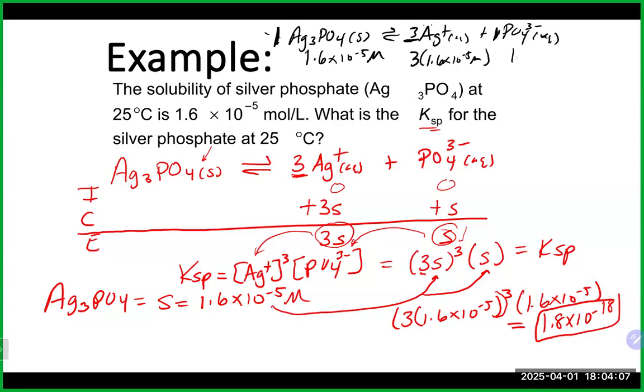And that would give me 1.6 times 10 to the minus 5 molar for the phosphate. And at that point, you could actually just go right into your KSP expression.